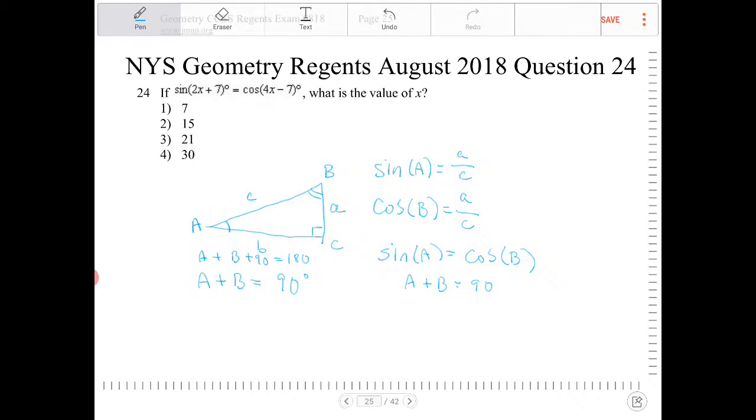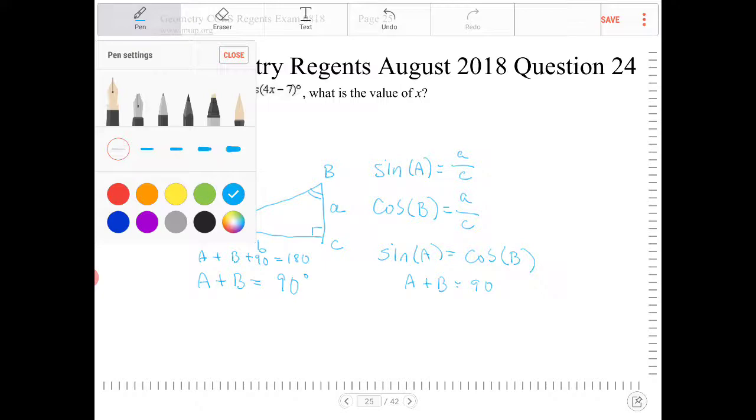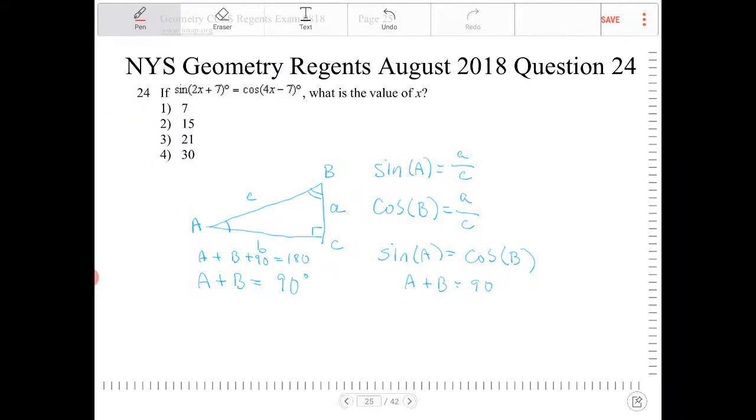So going back to the original question here, I'm going to use a different color now. If I have sine of 2x plus 7 is equal to cosine of 4x minus 7, this would be true only if the arguments inside of the sine and cosine functions are complementary.